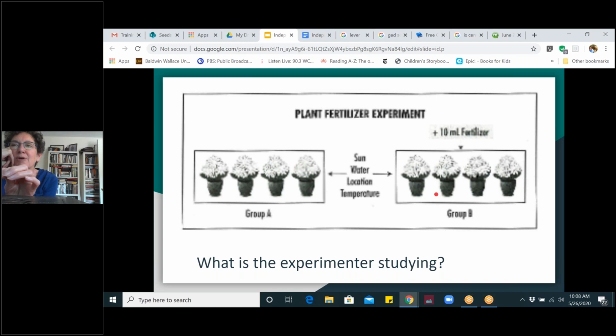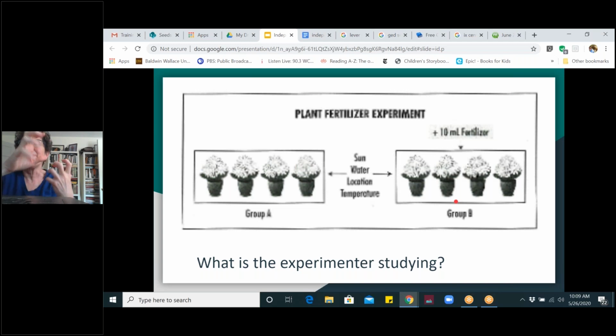Then I imagine that the experimenter is going to leave the plants, just add water, make sure the temperature is the same, not move the plants, make sure they're getting the same amount of sun, and check back on a regular basis, maybe once a day, once a week, once a month, and see is there a difference in the growth in the size of group B compared to group A. We can imagine that if we're adding fertilizer to group B, we're going to expect that group B will be larger.